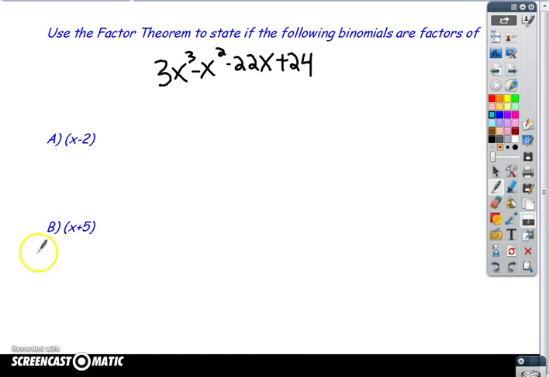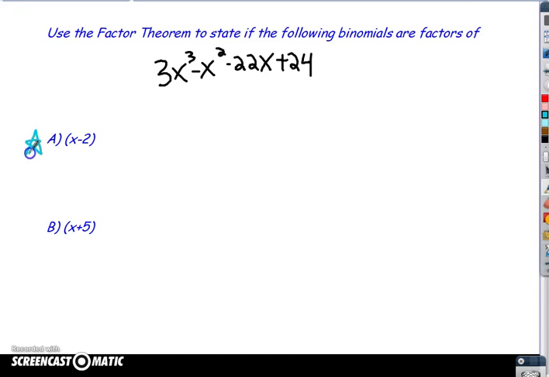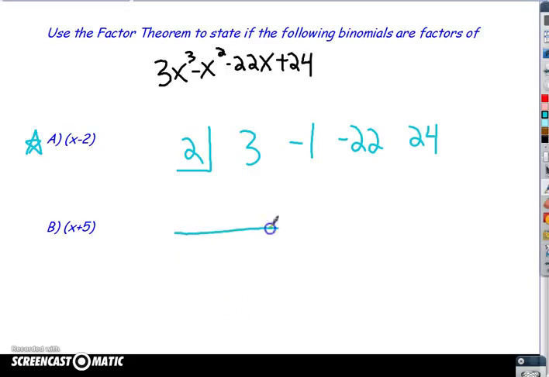Now, if this is the thing I claim to be a factor, the number that would go in my synthetic division box is 2, the opposite of it. Then I take all my coefficients here: 3, negative 1, negative 22, 24. I do synthetic division on those.